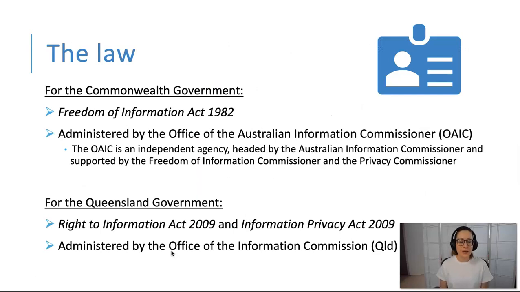So the laws we have in Australia, as I mentioned, the Act which governs FOI relating to the Commonwealth Government is set out in the Freedom of Information Act 1982, and this is administered by the Office of the Australian Information Commissioner. The Australian Information Commissioner works from that office. That office also contains the Freedom of Information Commissioner and the Privacy Commissioner, and they have a staff to help them administer the relevant acts.